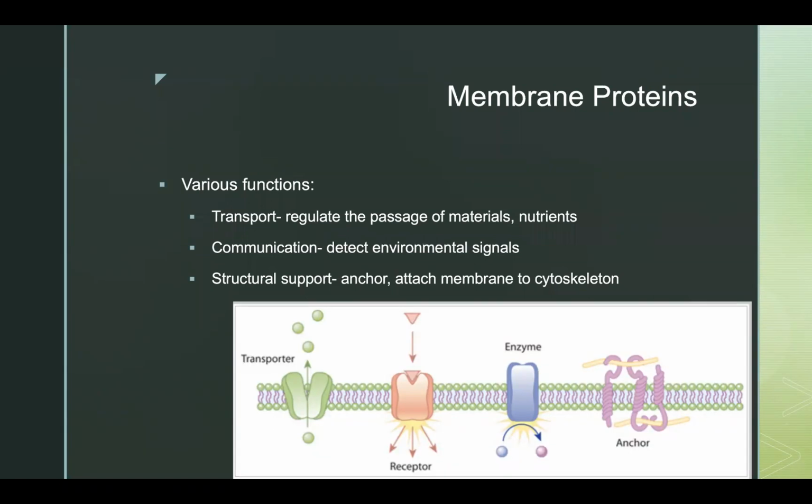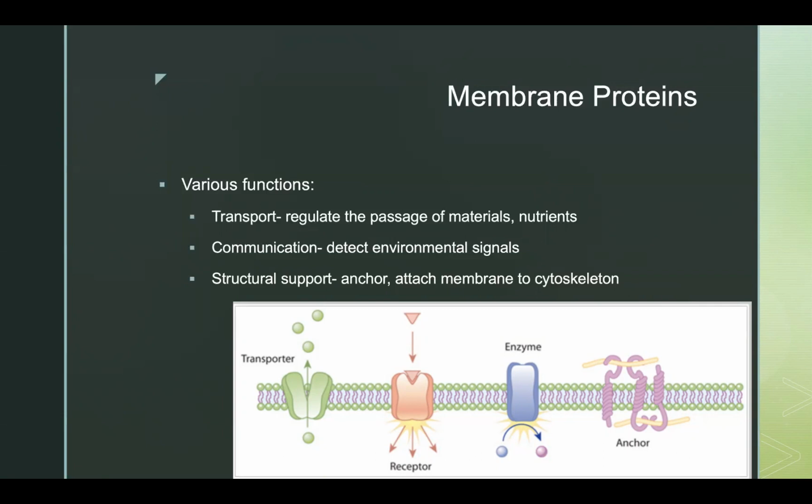The materials, nutrients, ions, and gases are all going to need a way of permeating this membrane, and transport proteins can facilitate that, if these are the larger, more complex substances that cannot readily diffuse across the membrane. So we jot a few of these functions of our membrane proteins down. They regulate or facilitate transport.